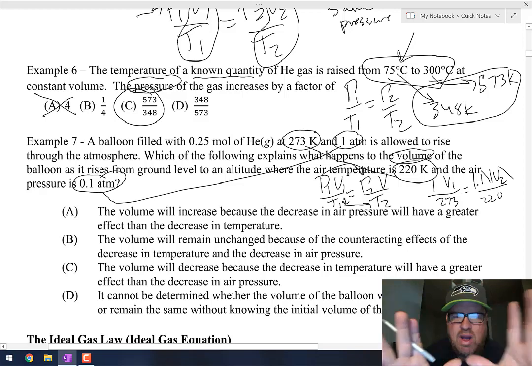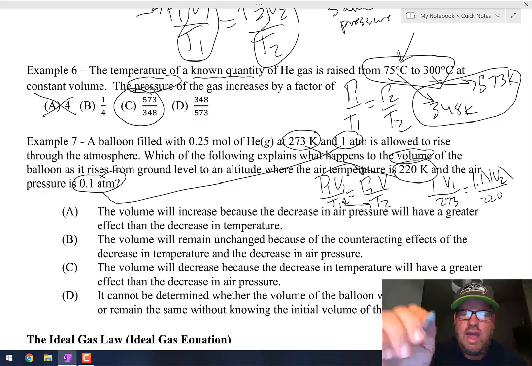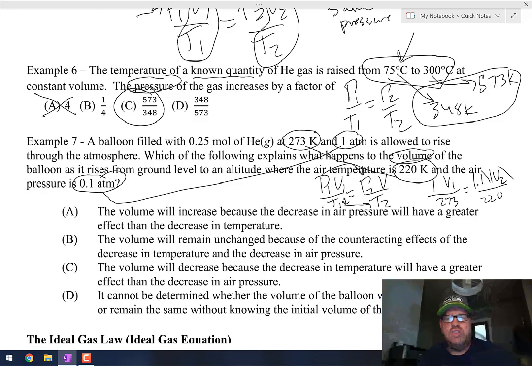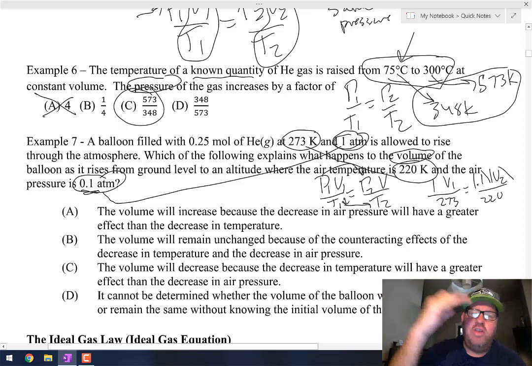Okay, so we can solve this for the ratio of V2 over V1, and really I'm probably overcomplicating this. If you understand that when the pressure goes down, forget temperature altogether, what's the volume going to do? The volume is going to go up by almost 10 times. Because the pressure goes down by 10, the volume is going to go up by 10.